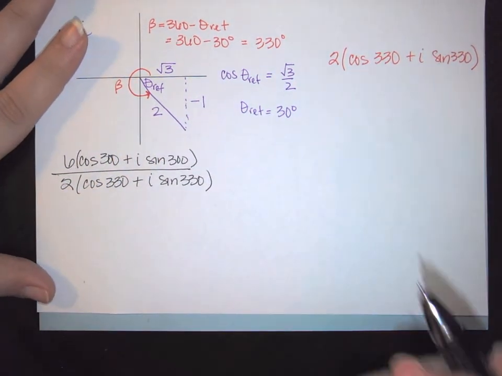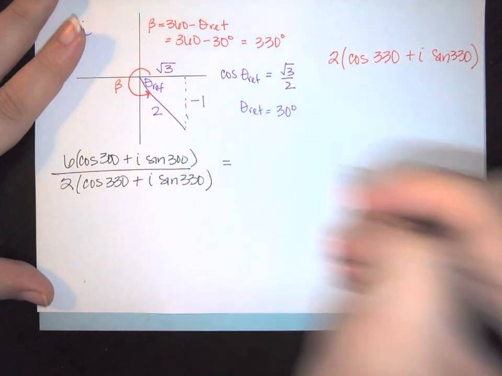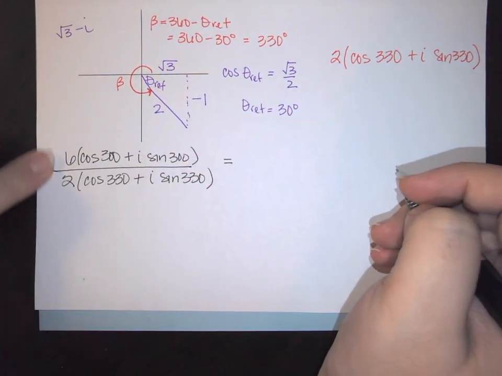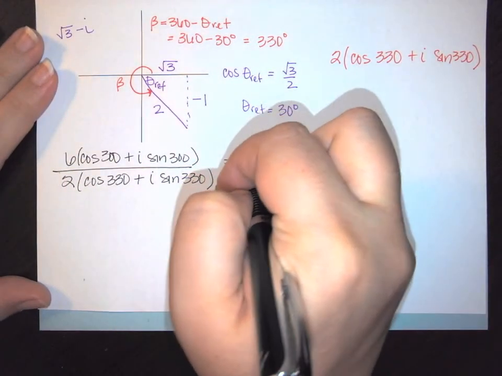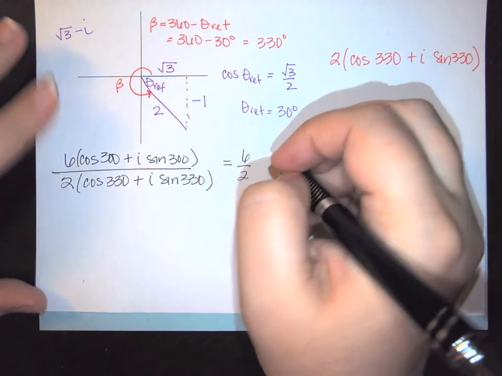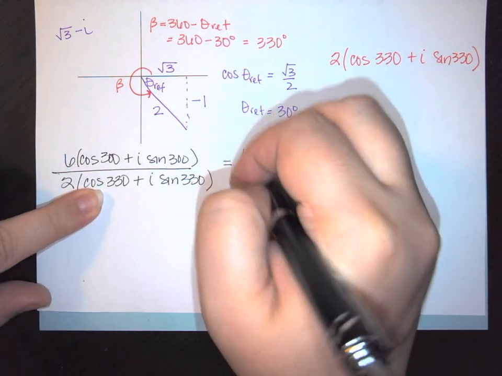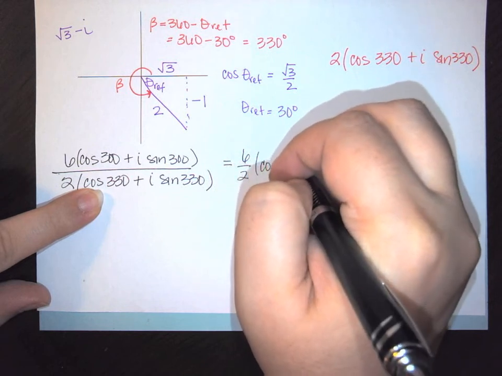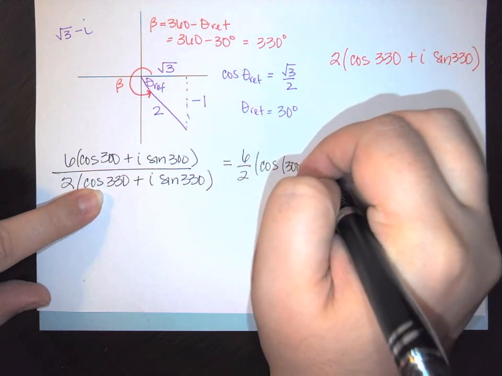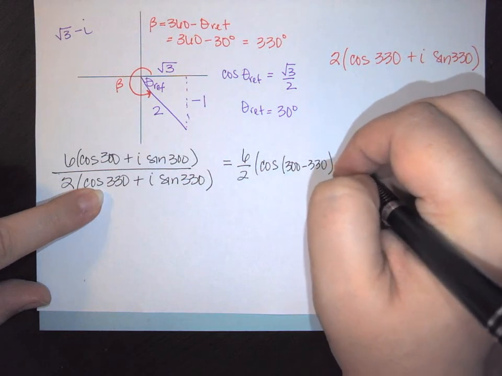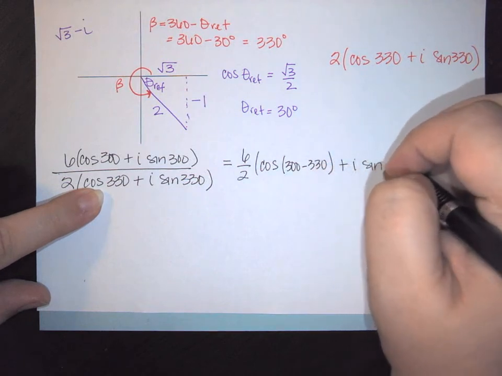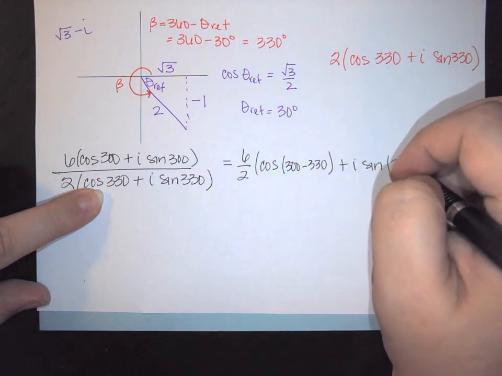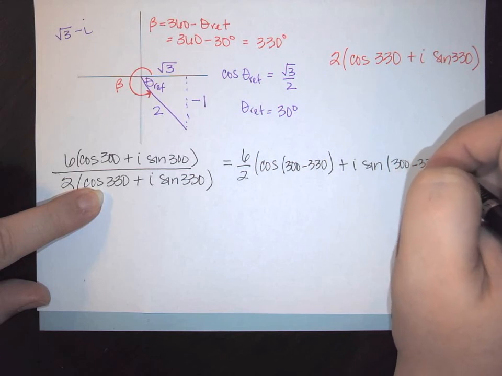In doing that, you're going to divide your z's, so this is going to be 6 over 2, and you're going to subtract your angles. So this is going to be the cosine of 300 minus 330 plus i sine of 300 minus 330.